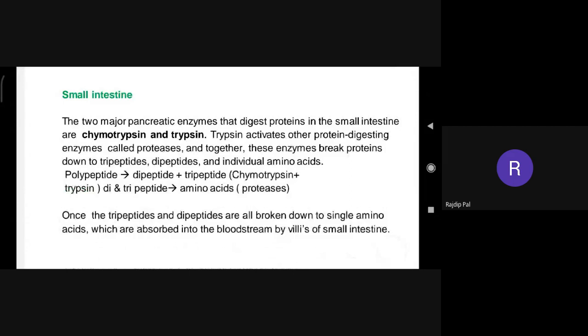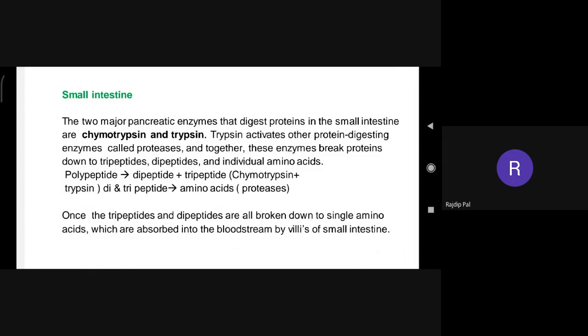So, at first, polypeptide is broken down into dipeptides and tripeptides, and then by the help of chymotrypsin and trypsin, or proteases, di- and tripeptides are broken down finally into amino acids. So, the end product, or simplest form of protein, is amino acid.